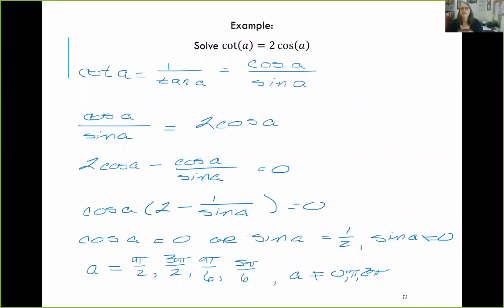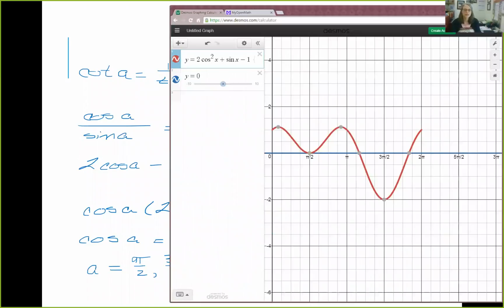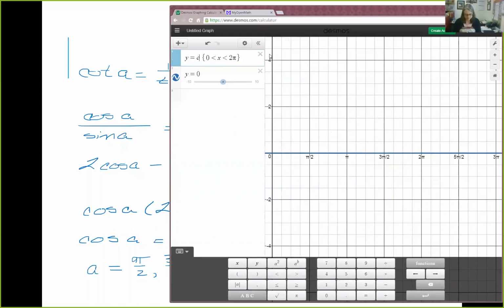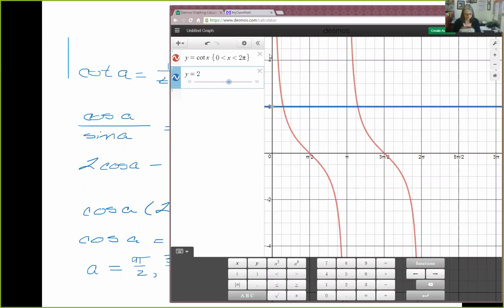All right, let's check this one. It's a little funky. Okay, so let's do it this way. We've got cotangent on one side of my equation, and I've got 2 cosine on the other side of my equation.